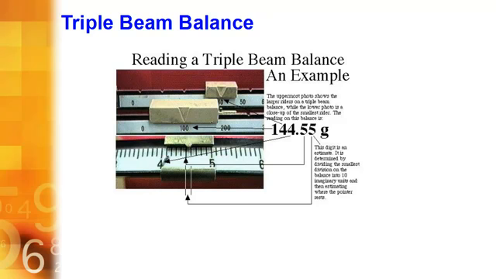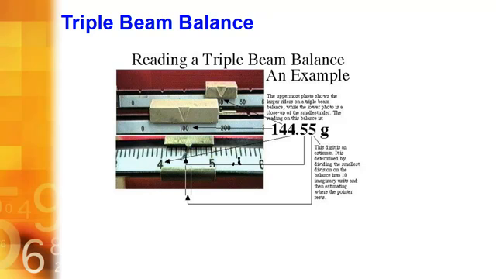So the first thing you do, look at the scale. 4, 5, 6. So then that means 1, 2, 3, 4, 5, 6, 7, 8, 9, 10. So each of these is a tenth. Right? It goes to the 0.1. So when we read this, we go 144.5, but it's past the 0.5.